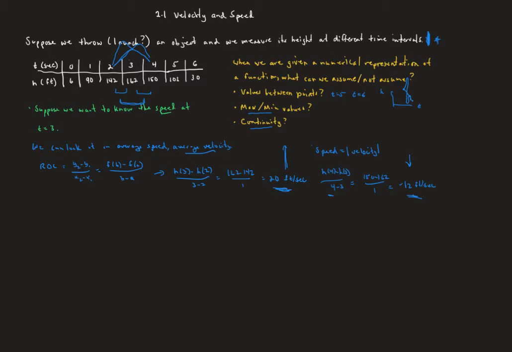So it would be reasonable to do h of 4 minus h of 2 all over 4 minus 2. And so that would be then the 150 minus the 142 all over 2. And that would be 8 over 2, which is 4 feet per second.